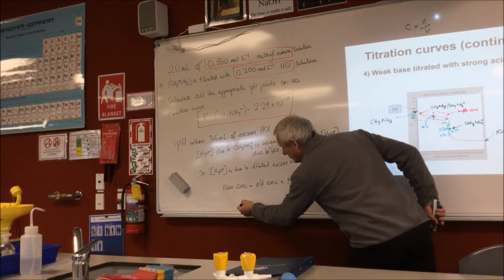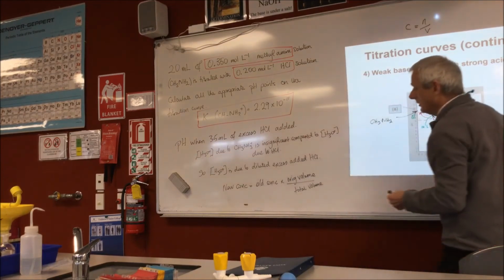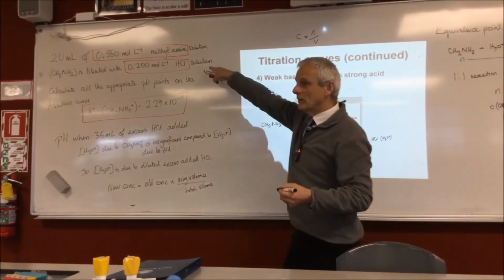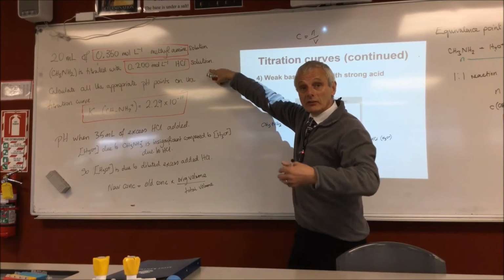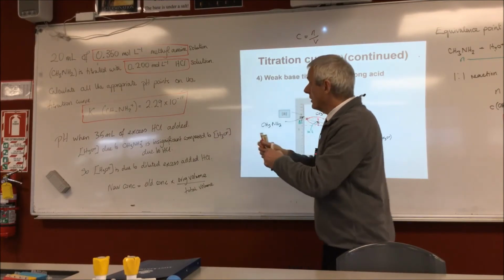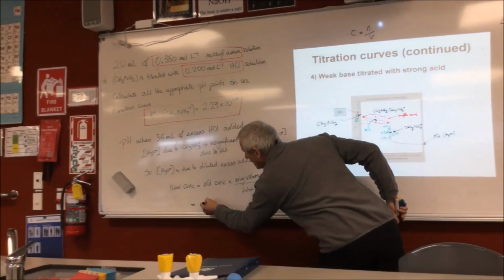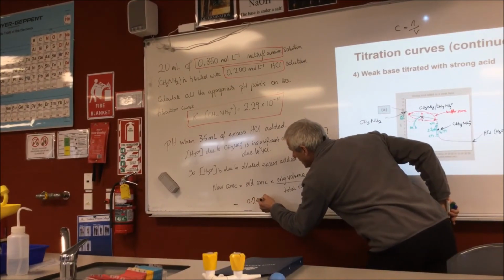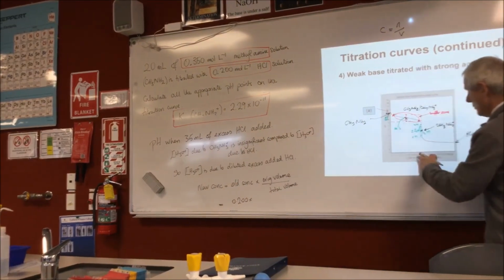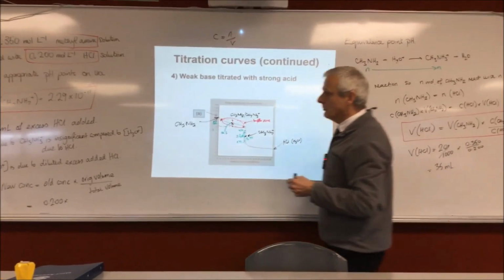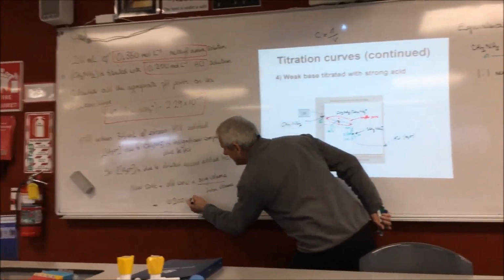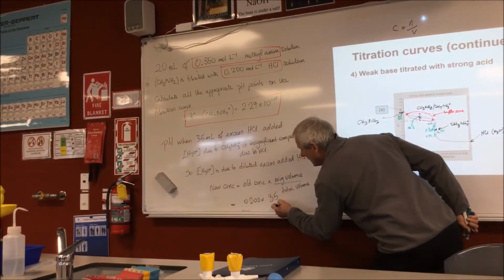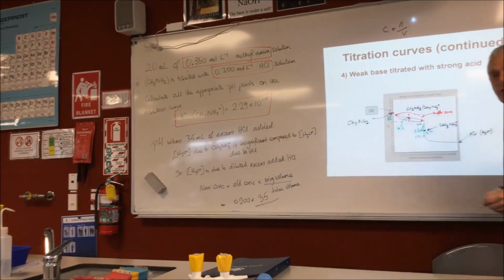Okay, so our new concentration is the old concentration of acid now, because we're assuming it's due to the excess added acid. So that's 0.2 times the original volume. Well, we're adding 35 mils beyond. So we're going to leave it as mils because it's a ratio of volumes.